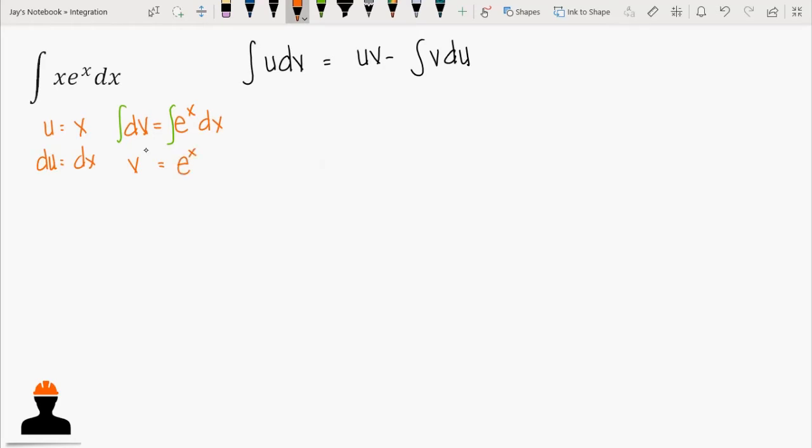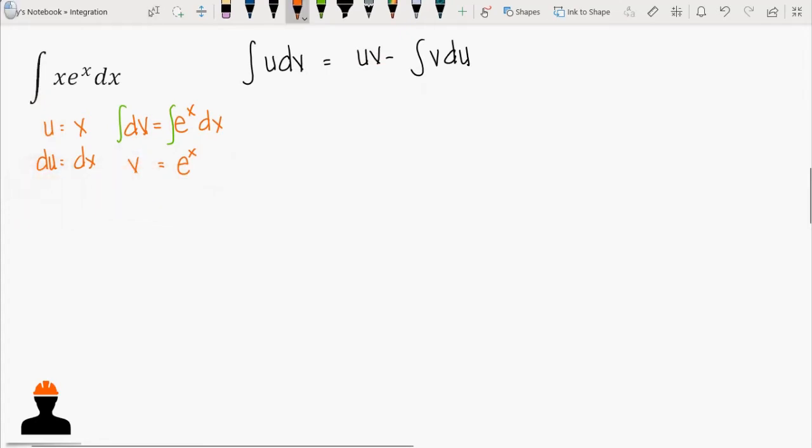We should have plus c here, but since we are using plus c in the final form, we do not include it now. So we have the value of u, the value of v, and du.